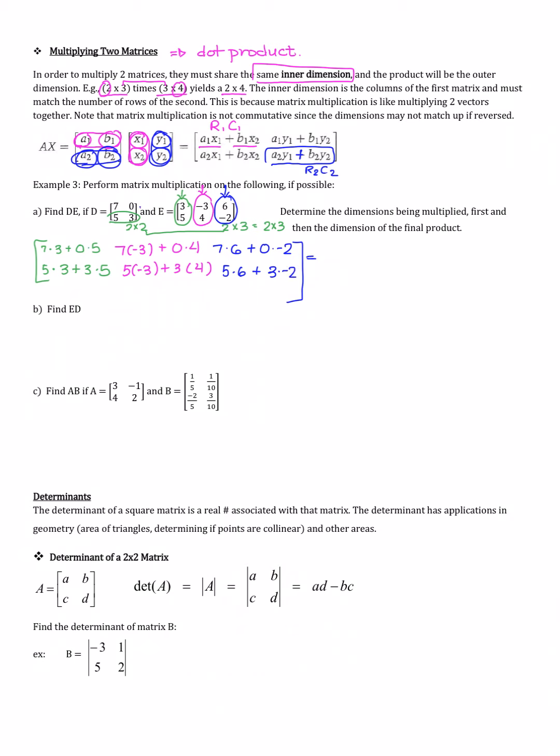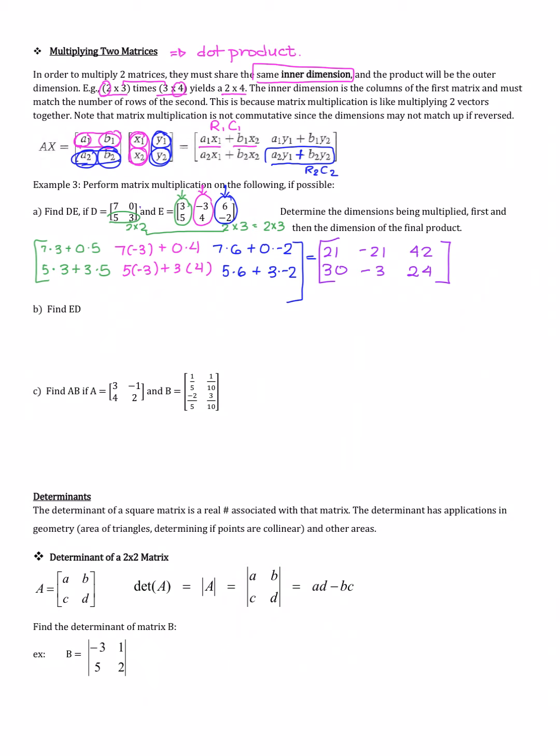And then we put it all together by simplifying it. So 21, and then we have a negative 21, and then we have 42, and then we have, what, 15 plus 15, and negative 15 plus 12, and then we have 30 minus 6, which is 24. And that would be the result for that matrix.